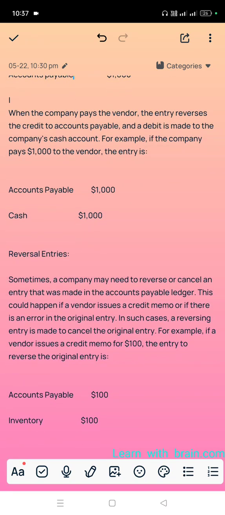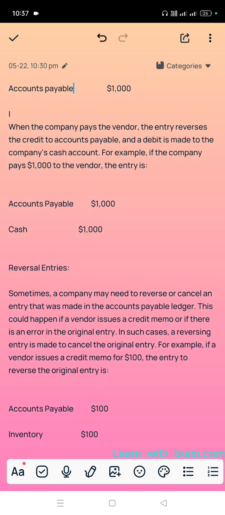Next, when the company pays the vendor, the entry reverses the credit to accounts payable account, and a debit is made to the company's cash account. Now the entry is correct.